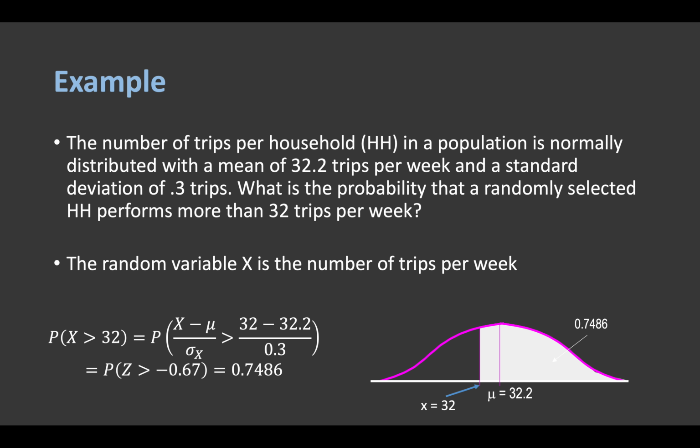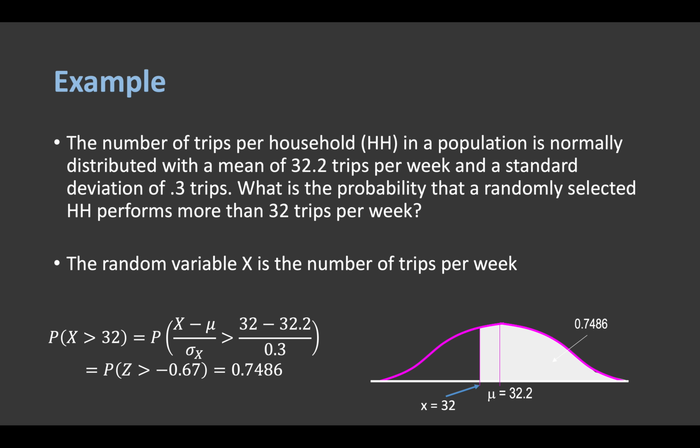Well, the mean is 32.2, and the standard deviation is 0.3. Now, basically, we want to calculate the probability that a randomly selected household performs more than 32 trips per week.